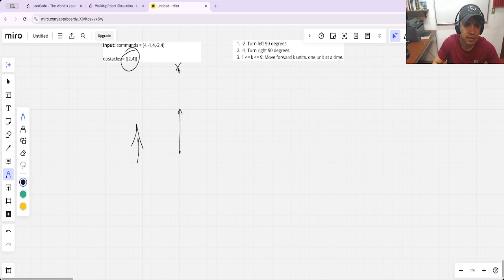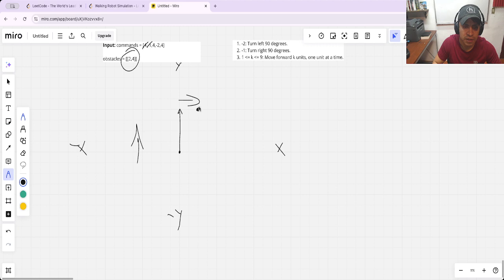This is y, and x. Now the next is turn right 90 degrees in this direction. Okay, the next is 4, but this obstacle appears 1, 2 here.